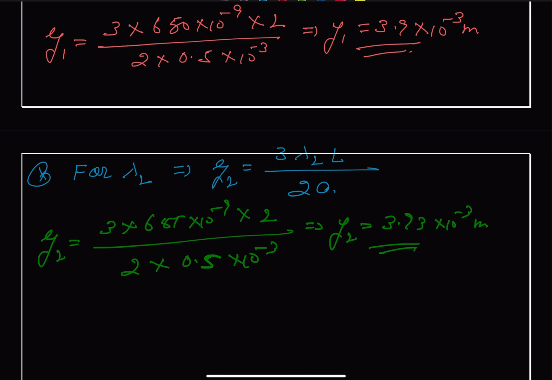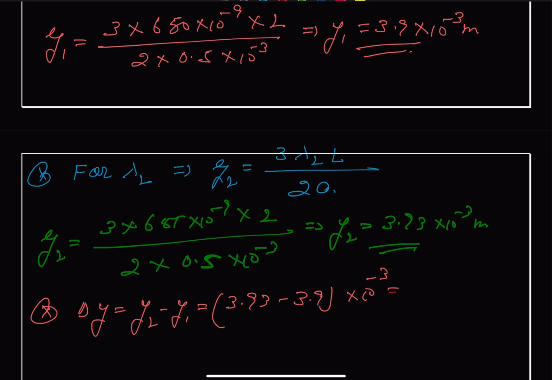And we need to find out the difference. Therefore, we can say that our delta y is y2 minus y1. y2 is 3.93 minus 3.9, into 10 to the power minus 3, and this comes as 0.03 into 10 to the power minus 3 meters.